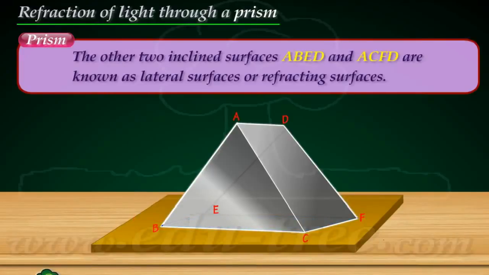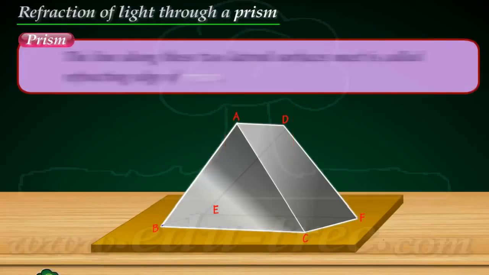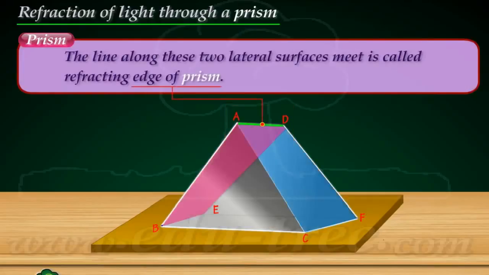The other two inclined surfaces, ABED and ACFD, are known as lateral surfaces or refracting surfaces. The line along which these two lateral surfaces meet is called the refracting edge of the prism.